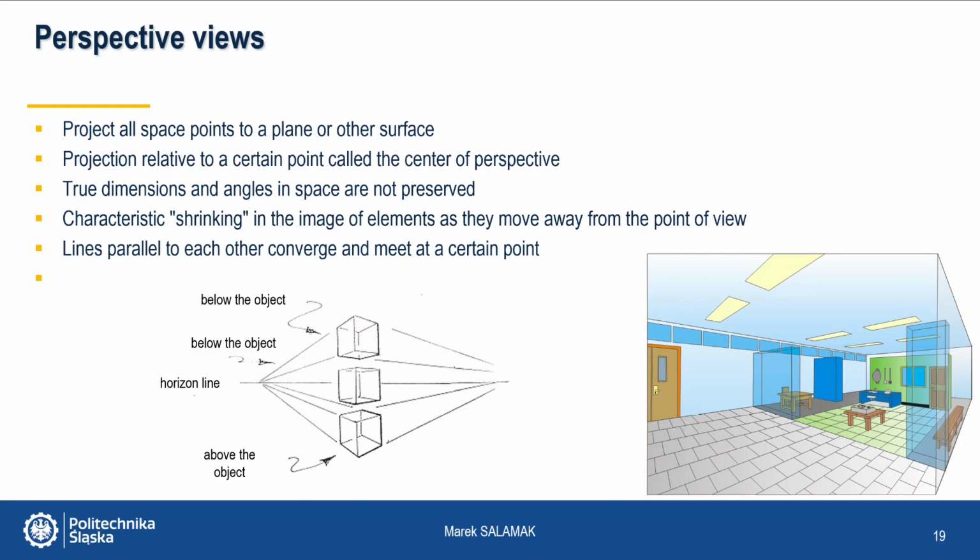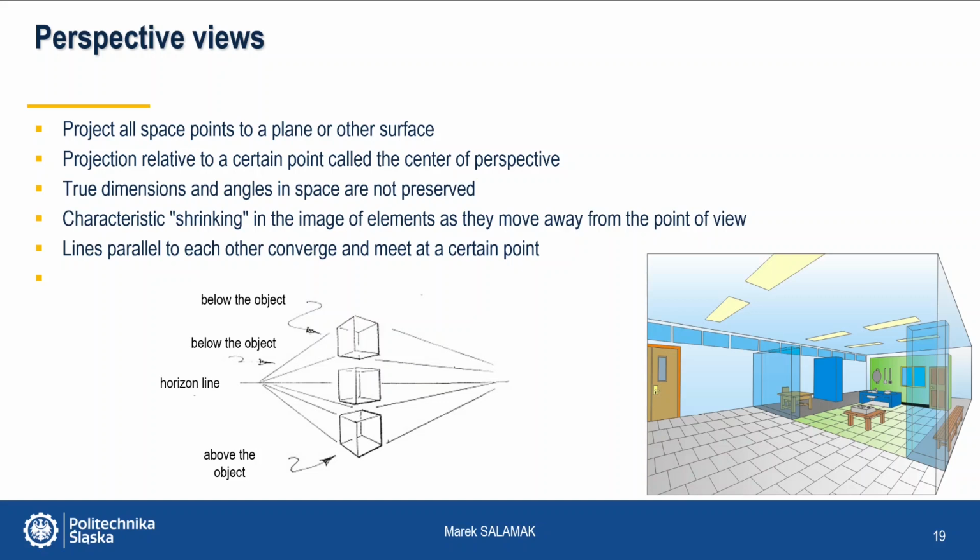The essence of perspective is the projection of all points in space onto a plane or other surface, relative to some point called the center of perspective. This presentation creates an image in which, apart from certain specific situations, the real dimensions and angles in space are not kept.